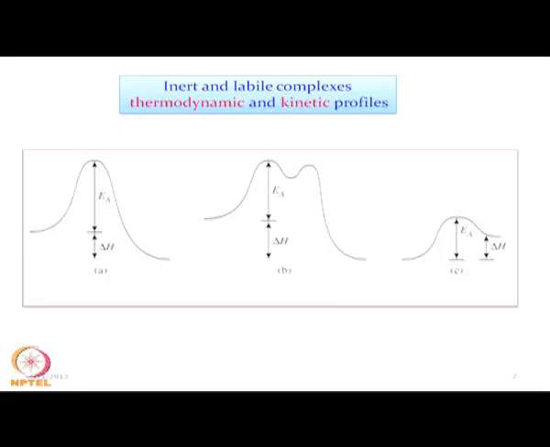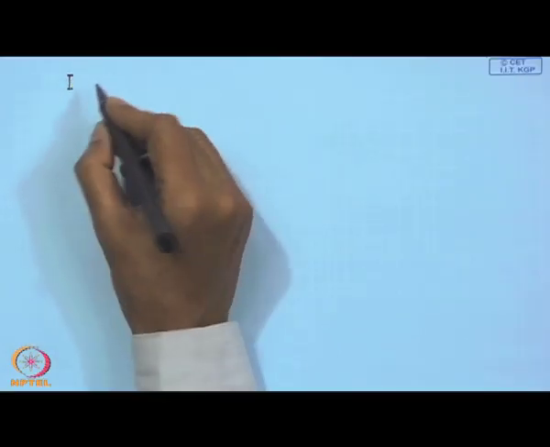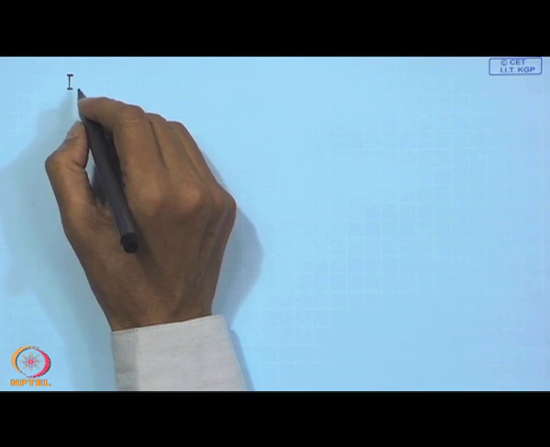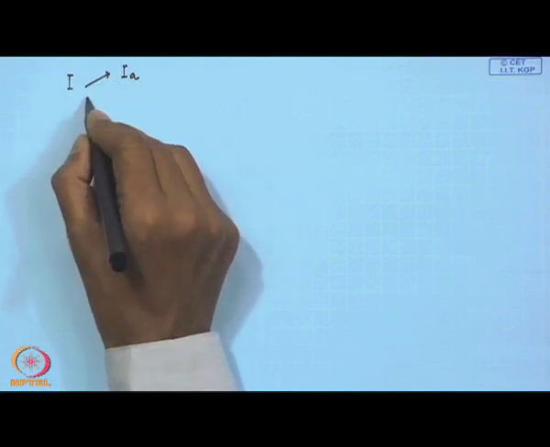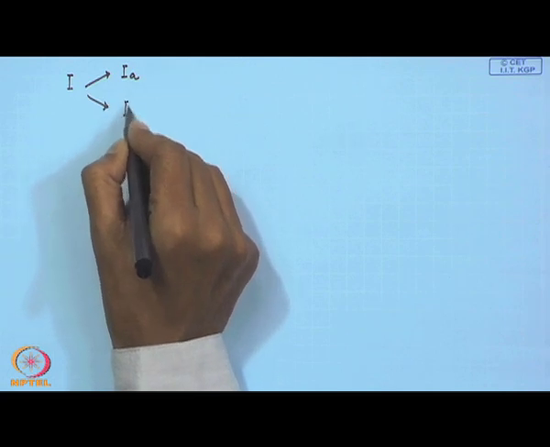So we see that due to these two, that means the D and A, we can also have this intimate reaction where the interchange is taking place, where we have IA as well as ID.